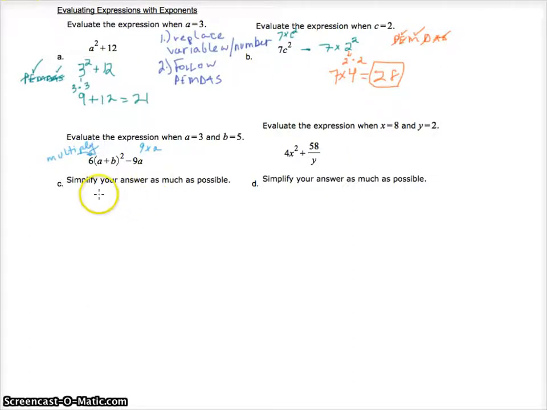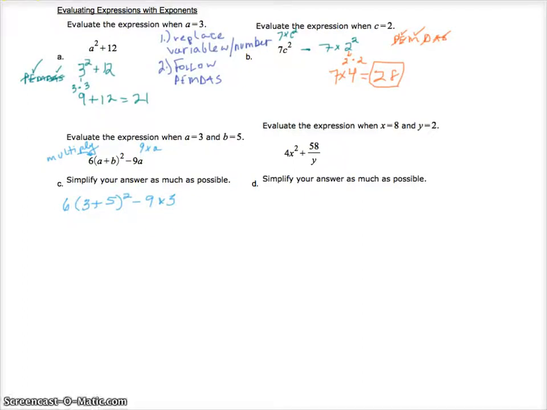Alright, so let's first replace our variables. So I have 6, parentheses, a plus b, so a is 3, so it's 3, plus b, which is 5, squared, minus 9 times 3.